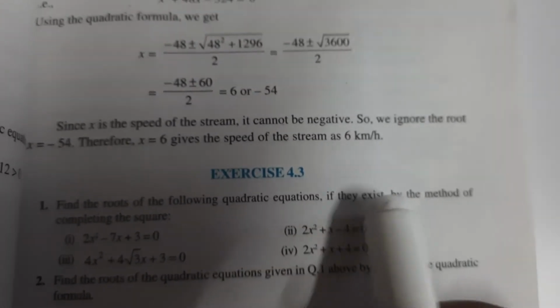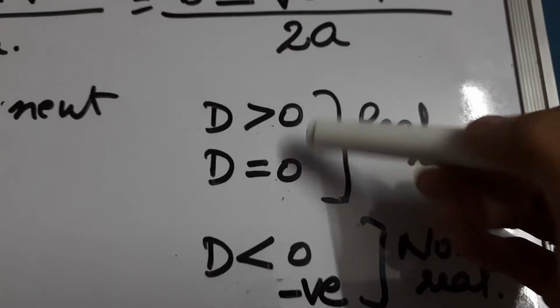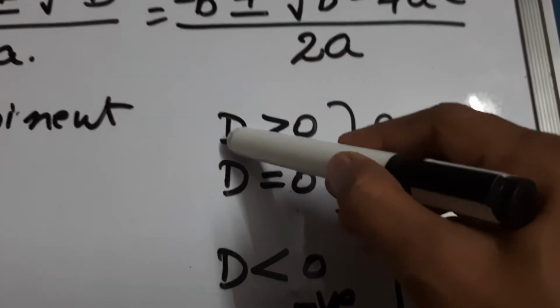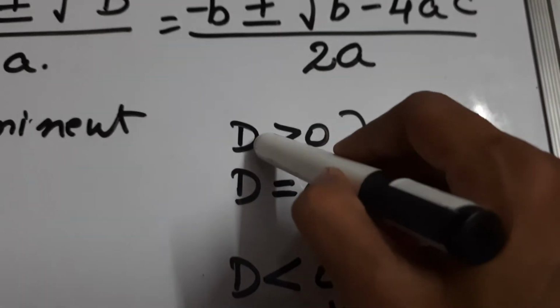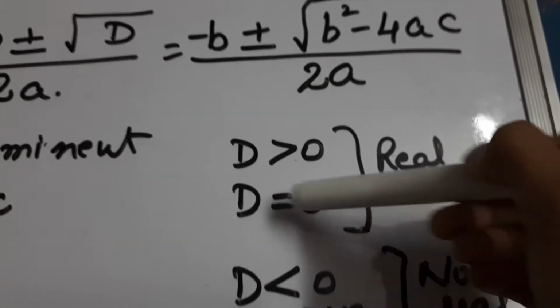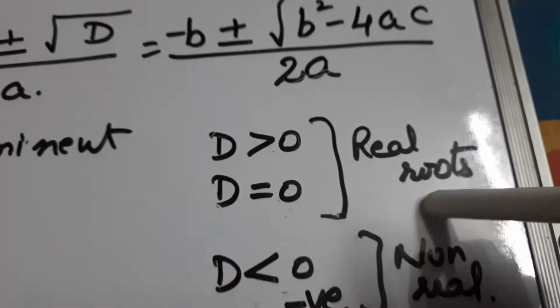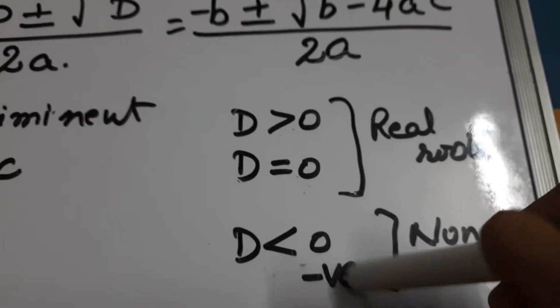When do they exist? They will exist only in these two cases. The roots will exist only when the discriminant is greater than 0, meaning when we get the value of d positive, and when we get the value of d as 0, then roots will exist. In which case do roots not exist? When the discriminant is negative.